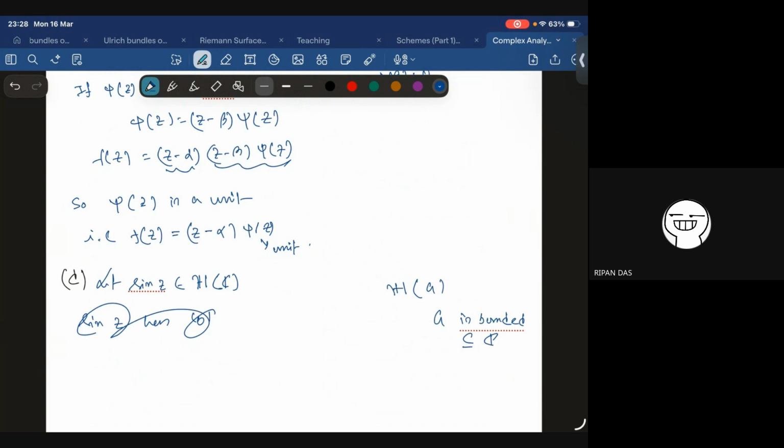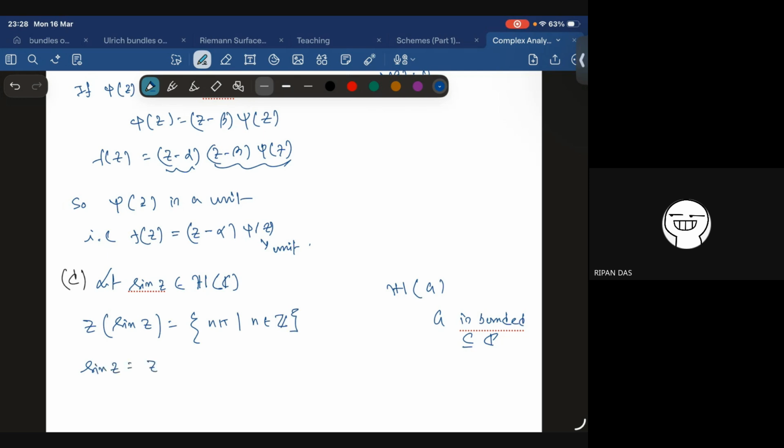zeros, but okay, let's write it this way. Z of sin z, the zeros of sin z, okay? What is that? n pi, right? But clearly, you cannot write sin z this way. I mean, n belongs to Z maybe.